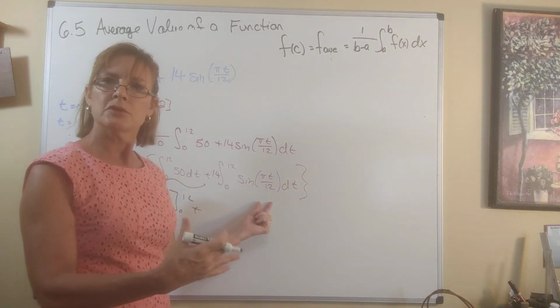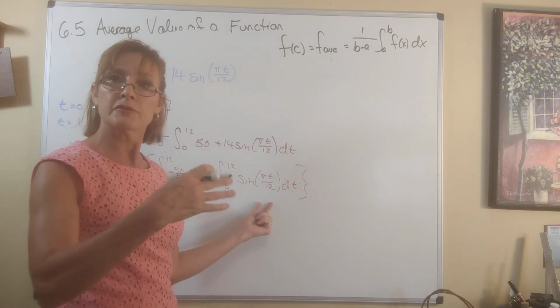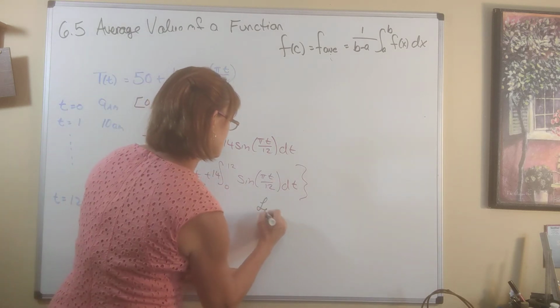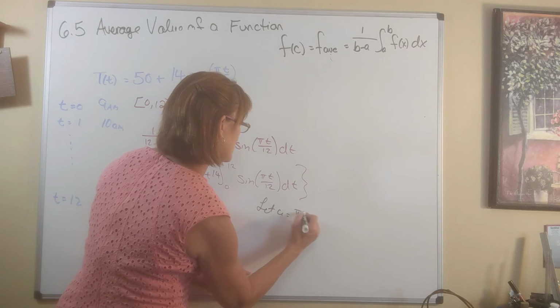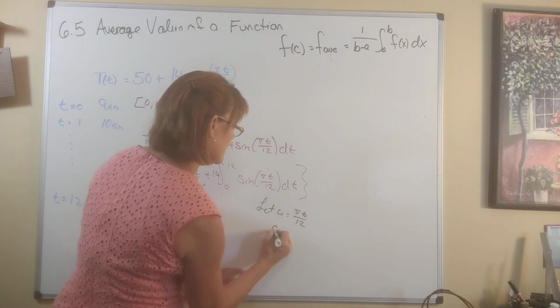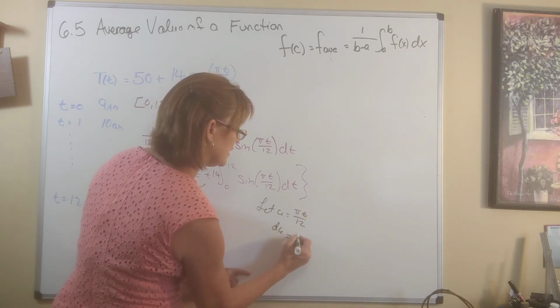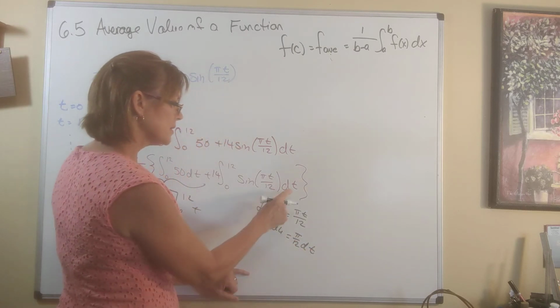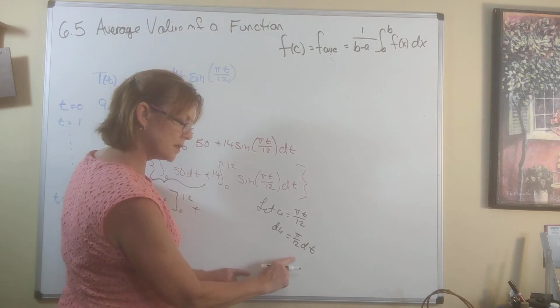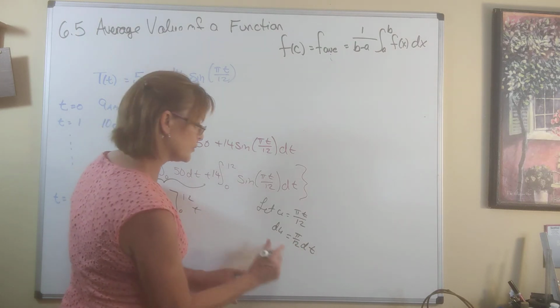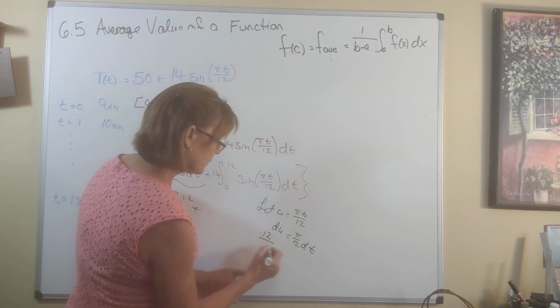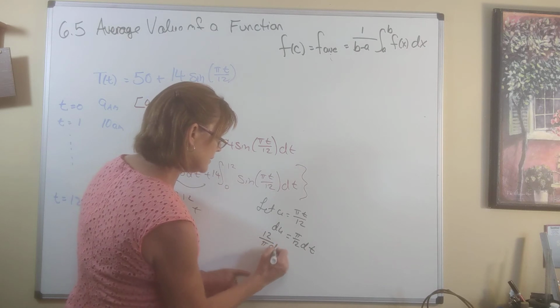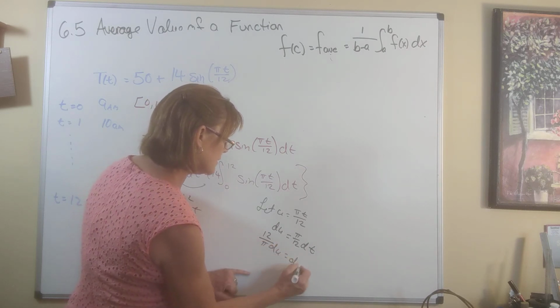And we do u substitution, so I'll say u is pi t over 12. Let u be pi t over 12. Then du is going to be pi over 12 dt. So if I just need a dt, which I do, we can adjust it by the constant by dividing by pi over 12 or multiplying by 12 over pi. That gives dt.